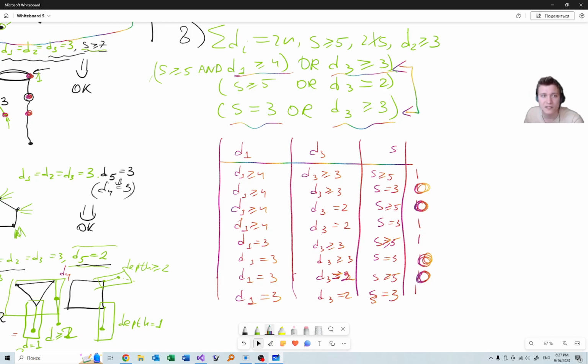And finally, this thing, it says that it is impossible that d3 equals 2, and either s is small, so like this is impossible, and this is impossible.